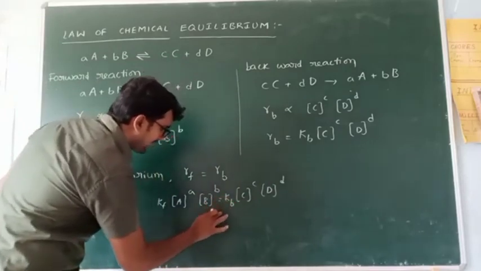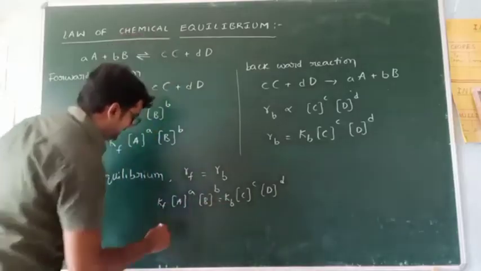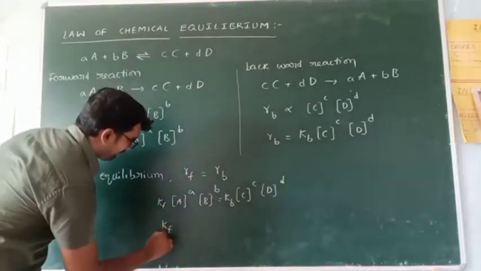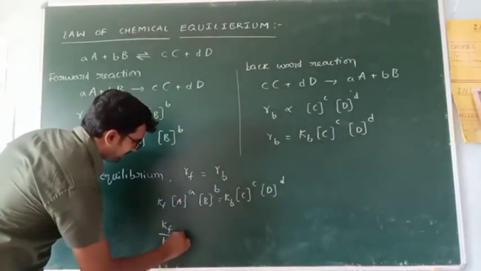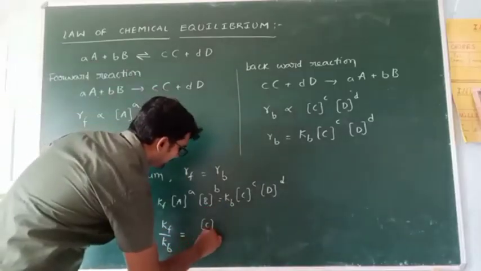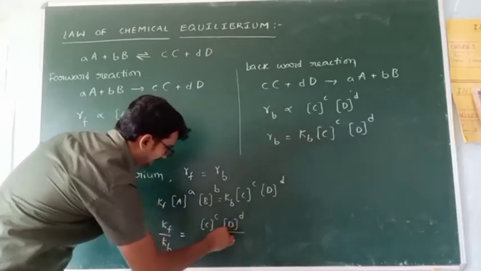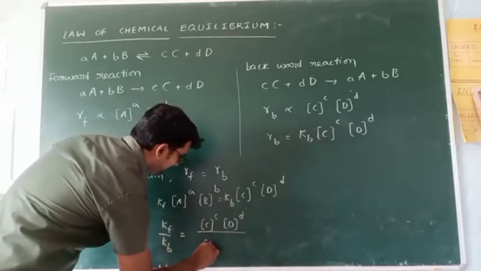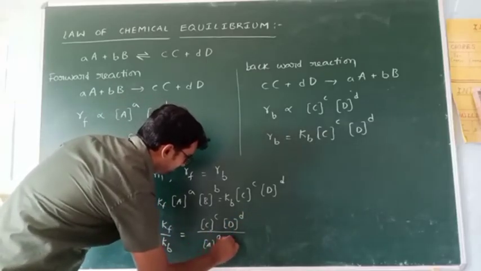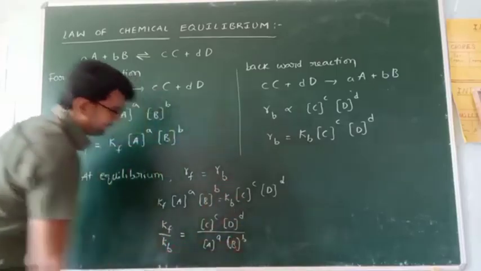This Kb moves to this side, and these two concentration terms move to that side. Then we get Kf by Kb equals [C]^c [D]^d divided by [A]^a [B]^b.